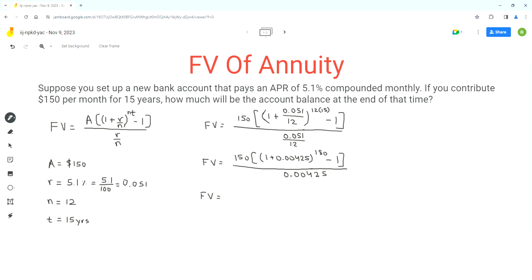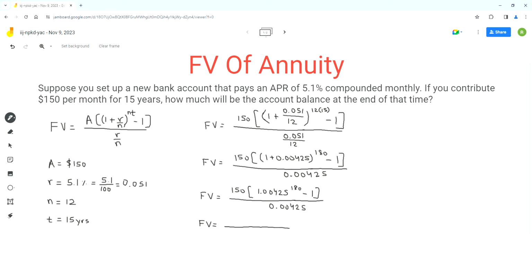We'll add the terms in the parentheses. So we get 150, that stays the same, and then 1.00425 to the power 180 minus 1 over 0.00425.